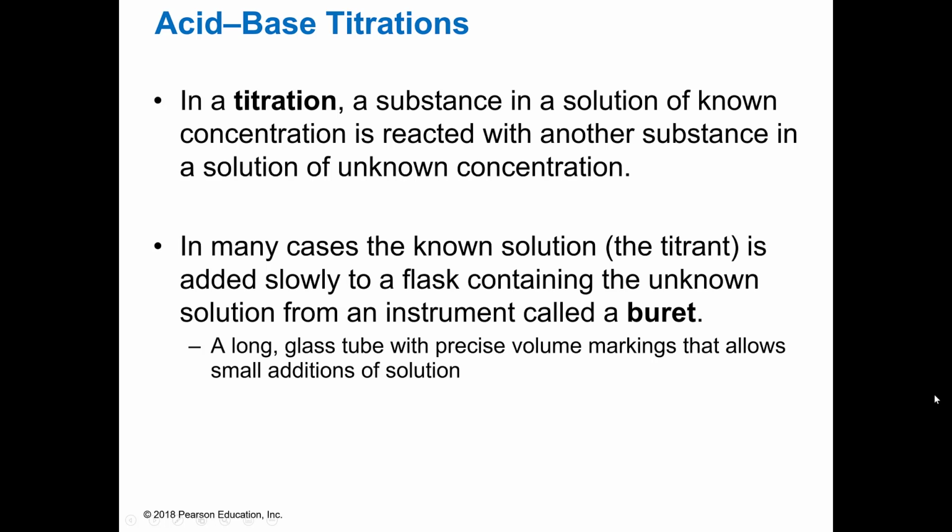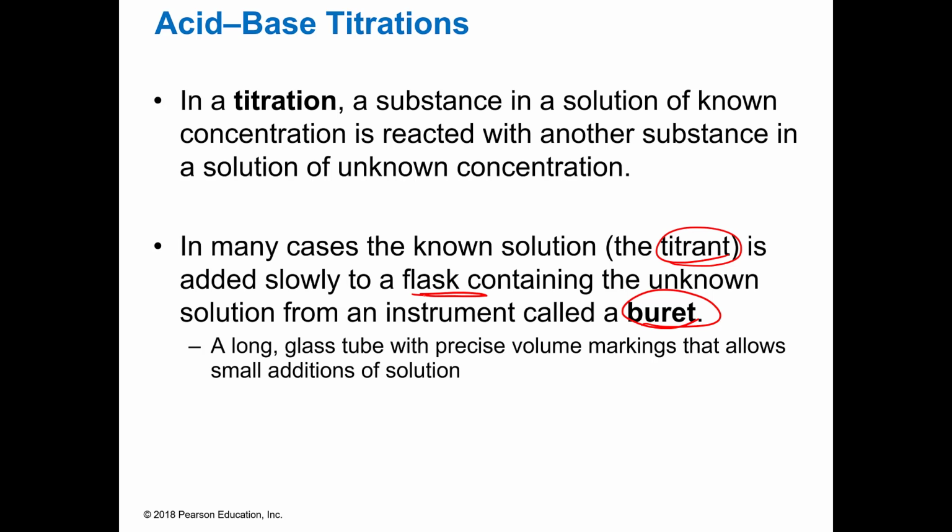So in a titration, you have something in a solution that you know the concentration of, and you react it with something that you don't know the concentration of. A lot of times we call the known solution the titrant, which is going to be in the burette that we're going to be administering to a flask that contains the unknown solution.